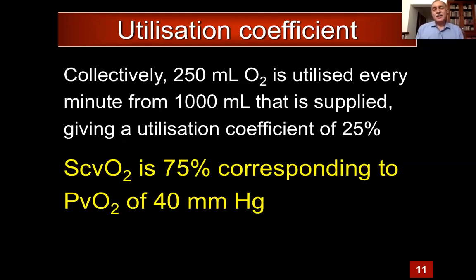What it means is that out of the 1000 ml being supplied to all the tissues put together, 25% is collectively removed, that is 250 ml. And what returns to the right atrium is about 75% of this 1000 ml, which is 750 ml, which gives us a saturation of mixed venous blood in the right atrium of 75% and a PvO2 of 40 millimeters of mercury, which are the classic numbers that we need to remember when you talk about venous blood.